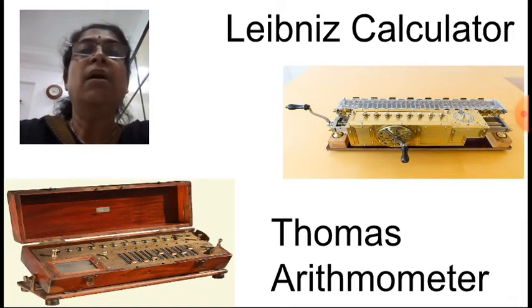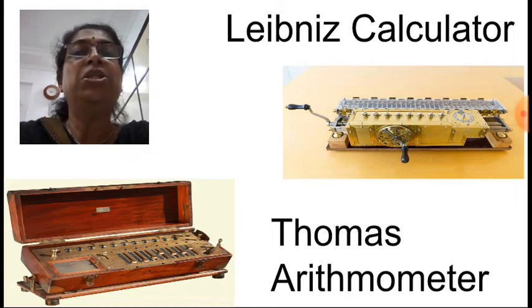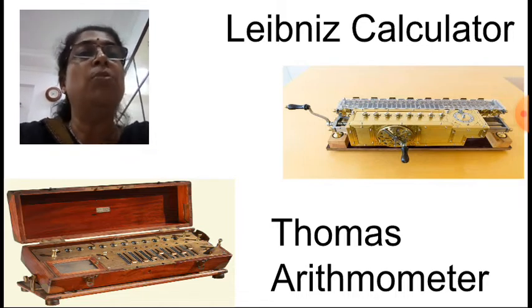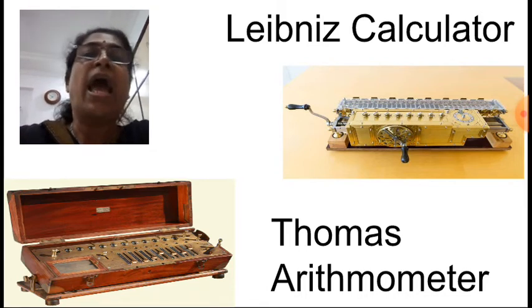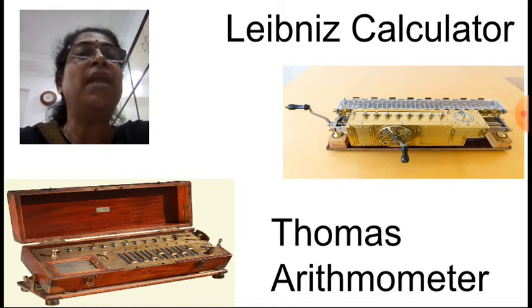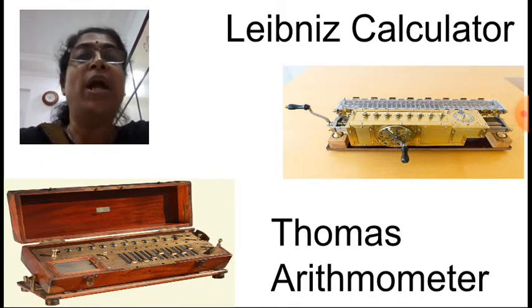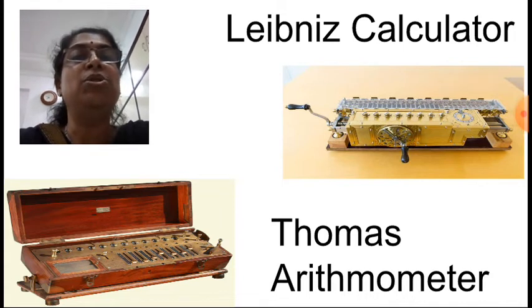After that, Leibniz, a German mathematician, developed one more calculator, called the Leibniz Calculator. He worked on the Pascaline and introduced the Leibniz Calculator. The Leibniz Calculator could do addition, subtraction, multiplication, division and find the square root also.